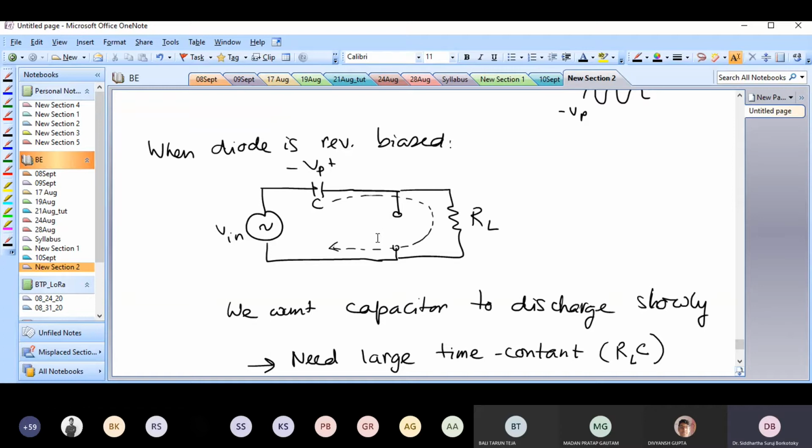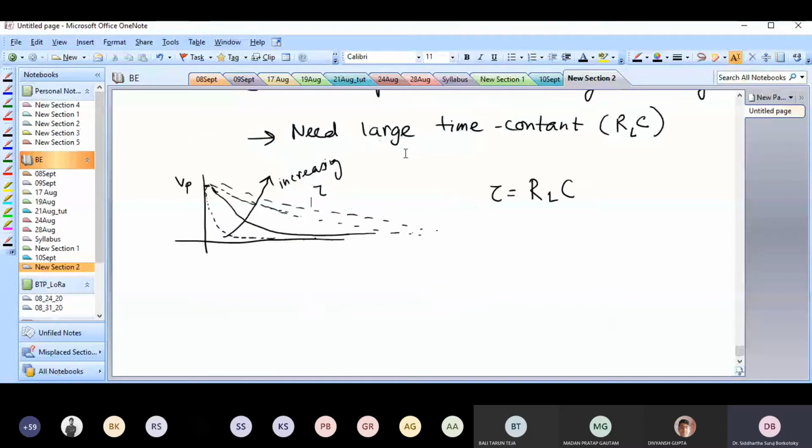And that can be done if I have a capacitor with a small value. So I want to keep the capacitor not very large. I don't want to make the C value very large, but I want to make the RL value very large. So basically I would use large RL.